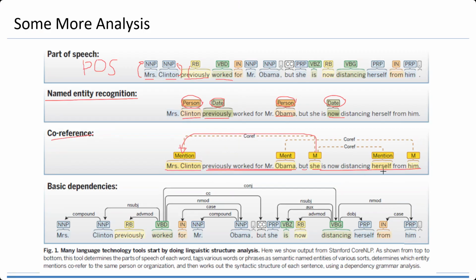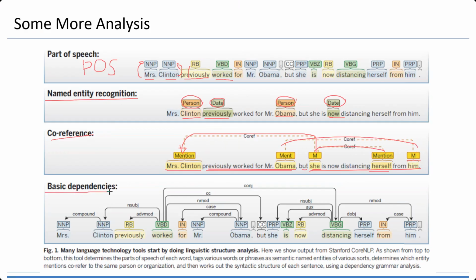Okay. So herself also has a co-reference with she, him has a co-reference with Obama. So if you are trying to analyze the relationship between those words, then we can make a better sentence, or we can analyze whether this sentence is correct or not.